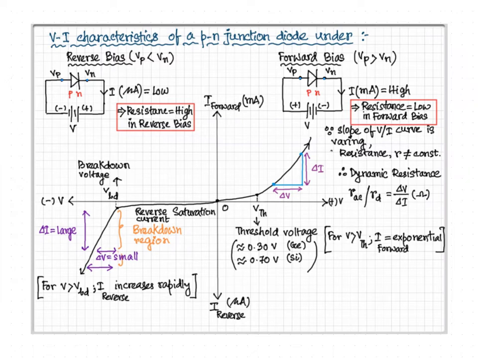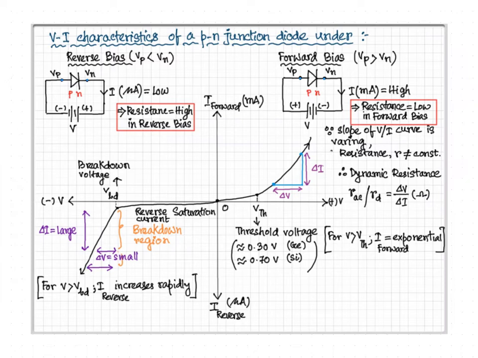We have seen that whenever a diode is connected in reverse bias, the current flowing through it is very low. So we can say that in reverse bias, the resistance offered by the PN diode is very high. Let us now see this in the form of a graph or plot.